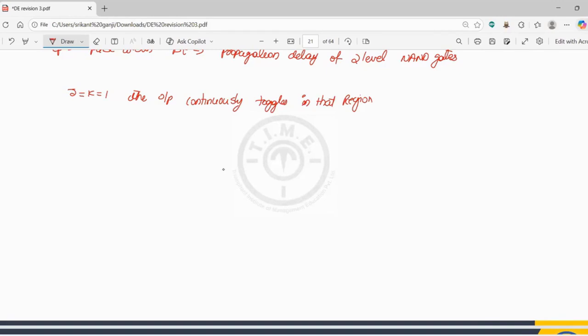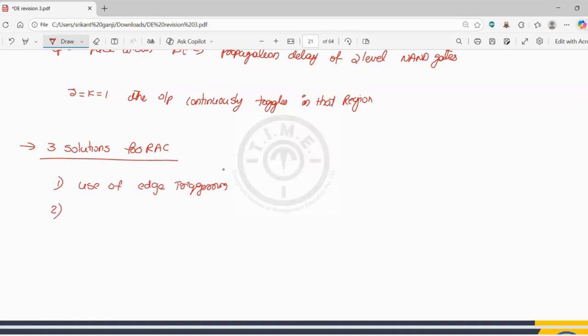So there are three solutions for RAC. First of all, use of edge triggering instead of level triggering.